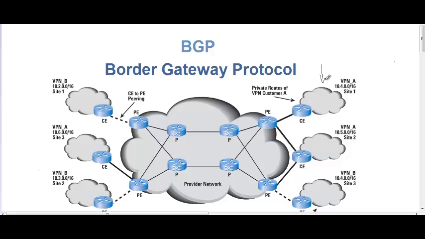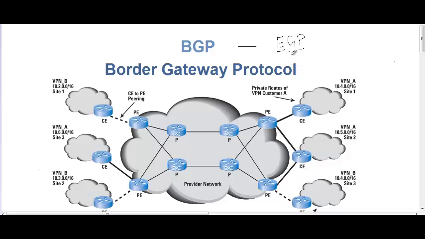So this is one autonomous system and this is another autonomous system. Now between these two we have BGP. So BGP is a protocol that is recommended to use when we have multiple autonomous systems. This protocol is categorized under a category called EGP, Exterior Gateway Protocol.